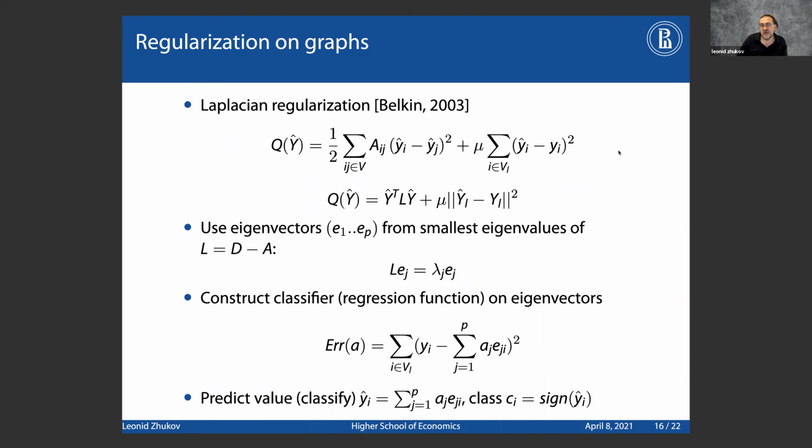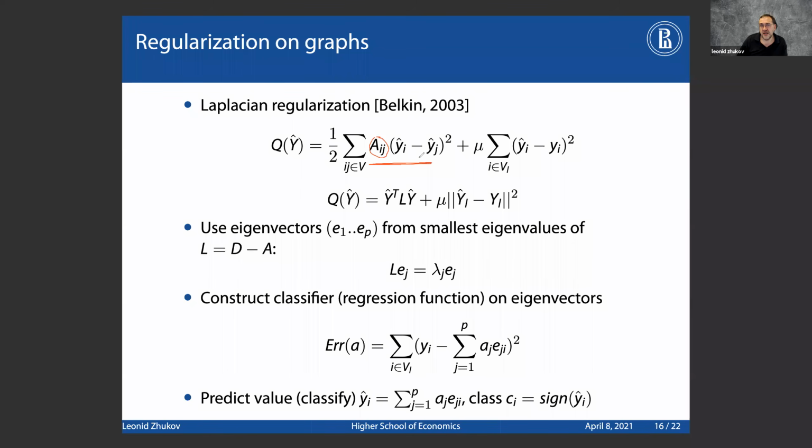Or there is a traditional, what's called Laplacian regularization approach, where we look, first of all, at this Laplacian, right? So what we have here, again, these are adjacent nodes, right?